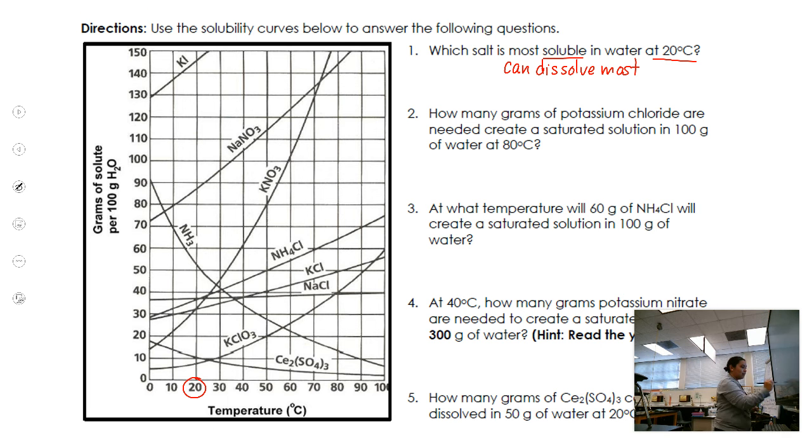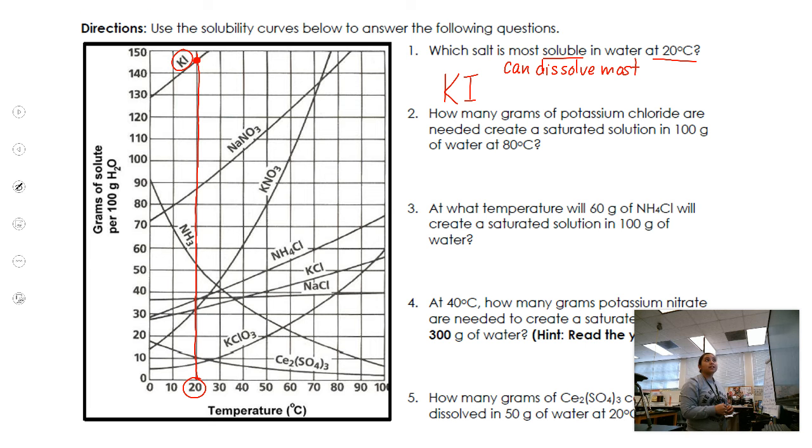So, we would take that line and hike it up all the way to the top. And then we would try to see which salt would have the intersection at the highest point. And that is clearly happening up here with KI. And so then potassium iodide is my answer there.